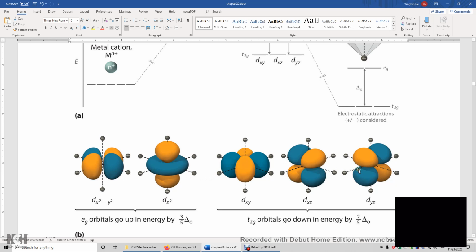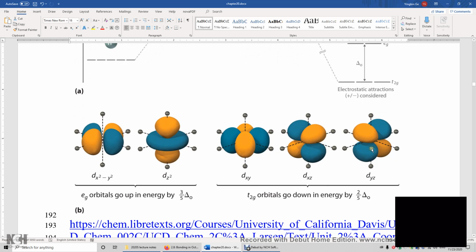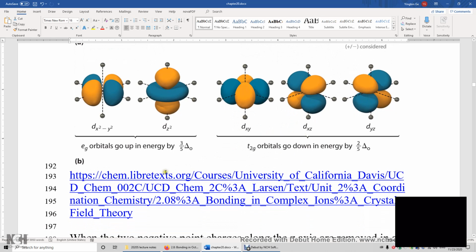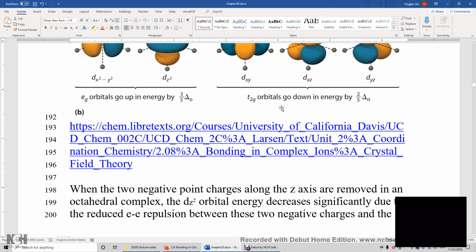These three d orbitals with four lobes are not pointing directly towards those negative charges. Therefore, they have lower energy than these two. These three are triply degenerate t2g orbitals. Again, I got this picture from libretexts.org, so you can click this link to look at their pictures and descriptions.